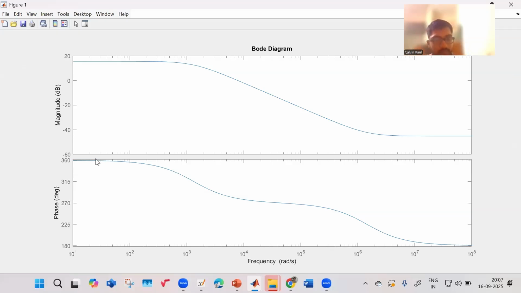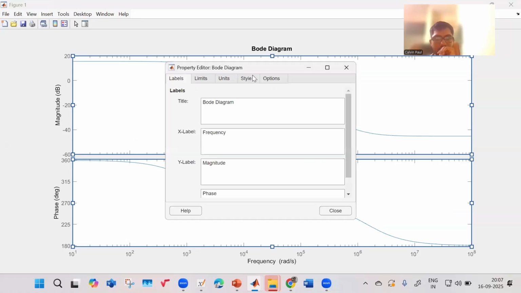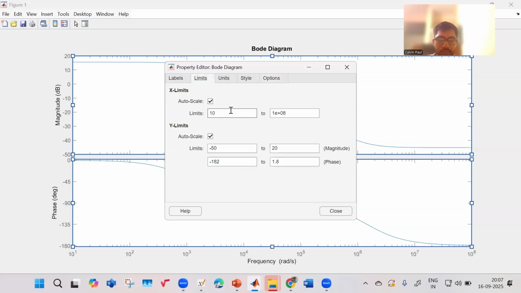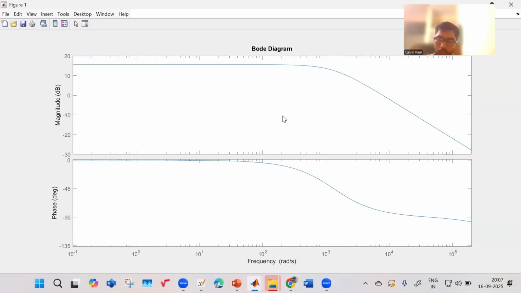Let us do that. This will graph the phase, adjust phase offset to 0. And the limits of frequency, let us go from 0.1 to the switching frequency of 200 kilohertz, so 200 E3. So this is our Bode plot.